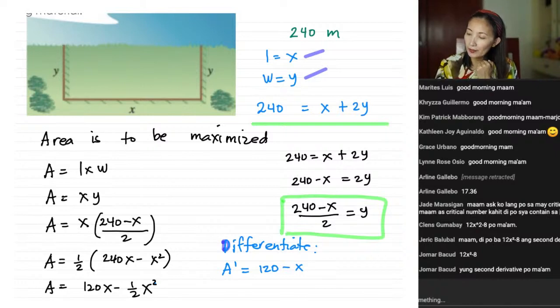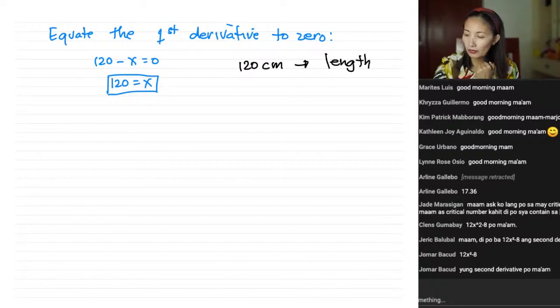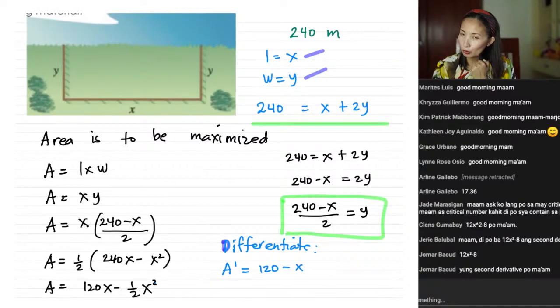How about y? So 120 centimeters is the length. How about the width? Okay, solve for y, using the equation that we have arrived at, 240 minus x over 2 is equal to y.